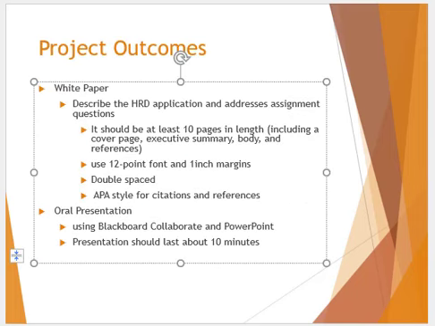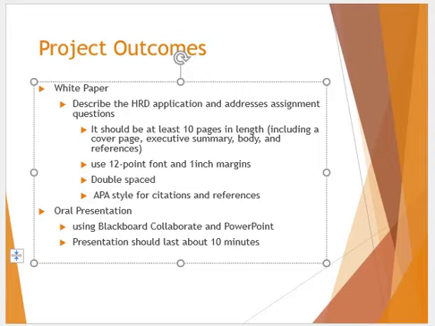Again, there are two main outcomes of this project. One is the white paper. That white paper should describe the HRD application and address the assignment questions, which have a lot to do with how you're going to implement that HRD application. The paper should be at least 10 pages in length, including a cover page, executive summary, body, and references.